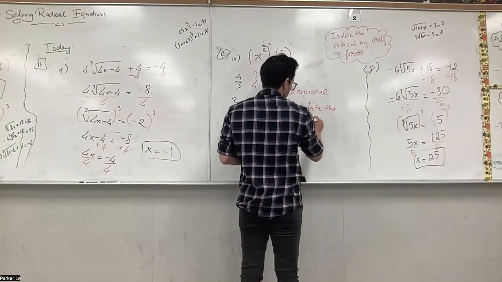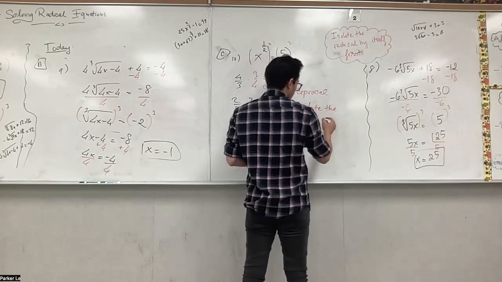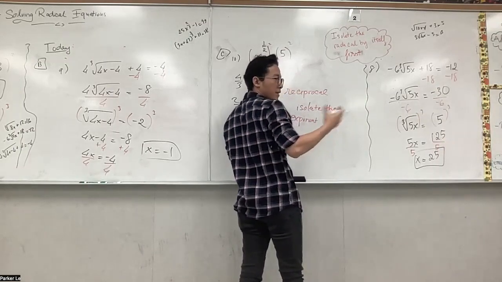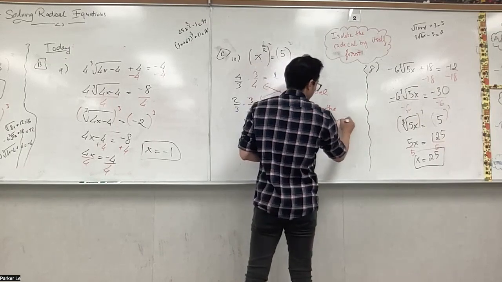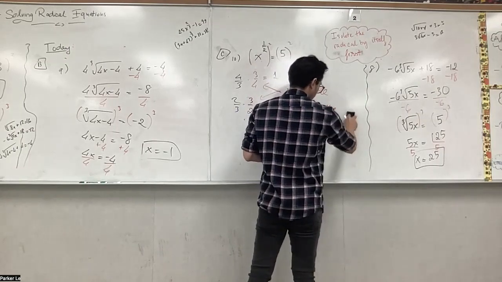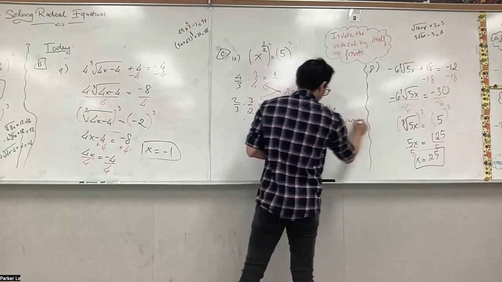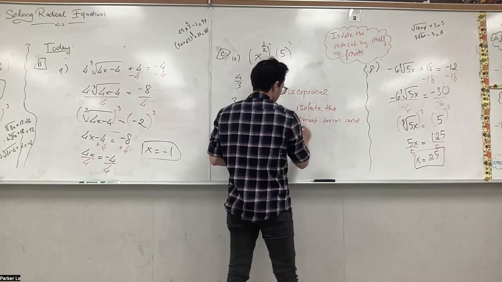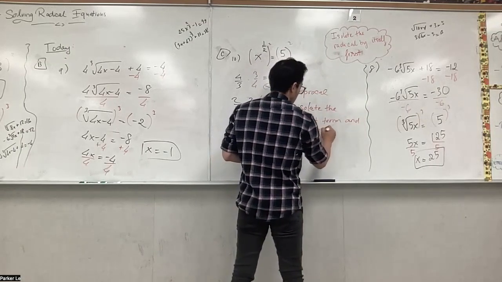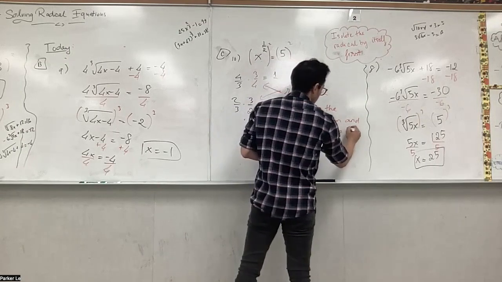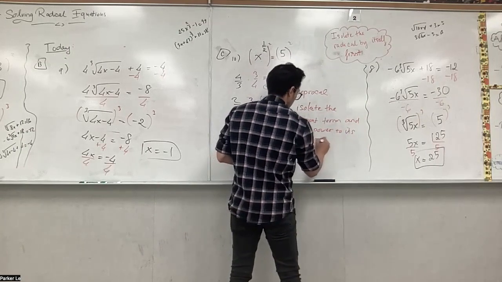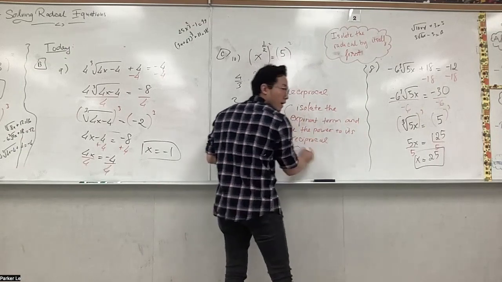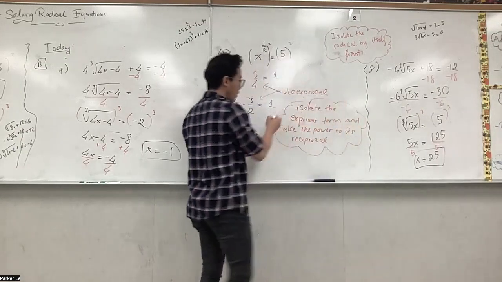That is the trick. You can just take the power to a reciprocal number, because when you multiply the reciprocal, you always have 1. Isolate the exponent term and take the power to its reciprocal. Okay, so that is the note.